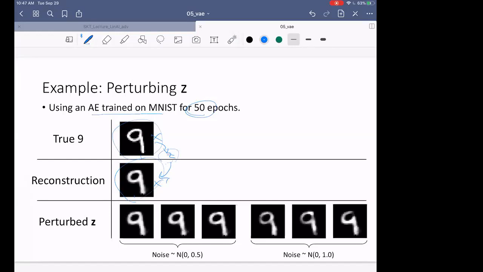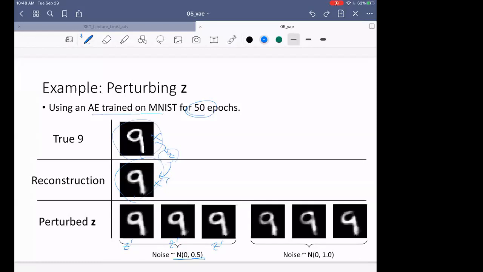So I just perturbed Z using noise coming from a Gaussian distribution. So this is Z prime, another Z prime, another Z prime, like Z1 prime. Yeah, they're all from the same Z. It's just that you add a different amount of noise into the Z, and you can see that they're slightly different, but you can probably tell that they're all 9s.